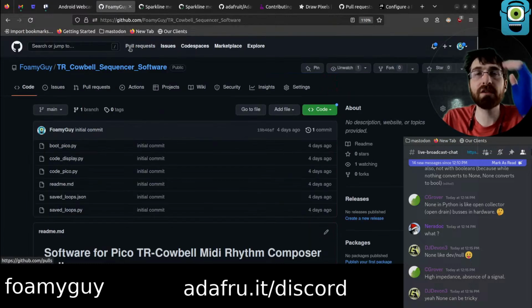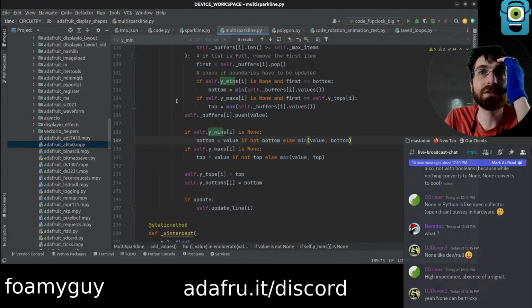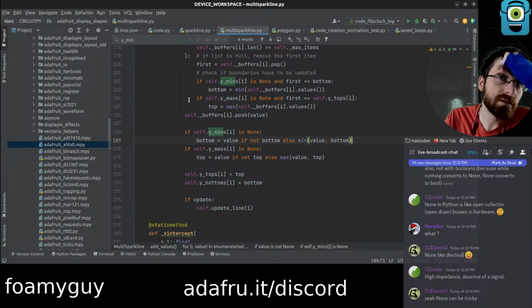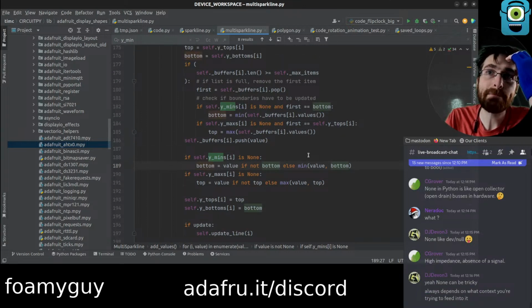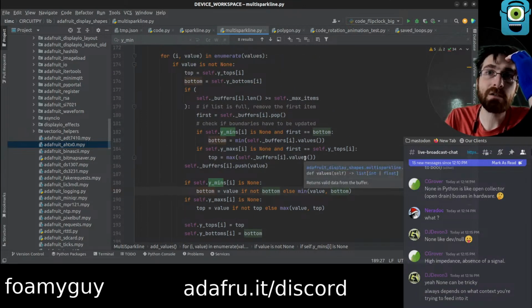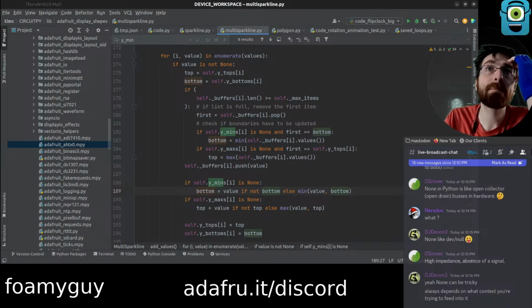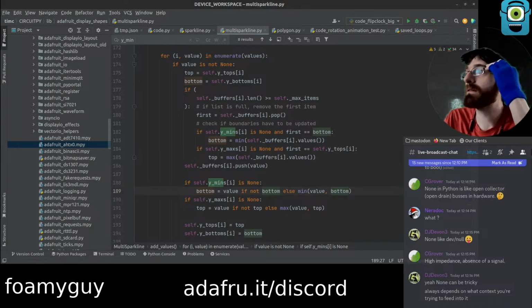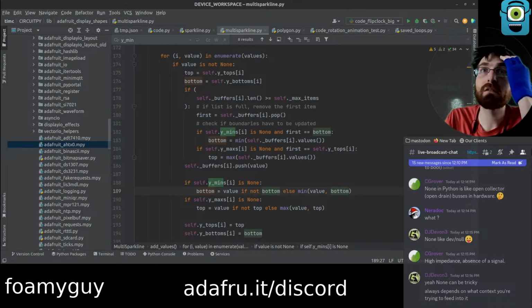I think this might be a different issue, potentially. Bottom. Bottom comes from up there. Where did that other code go?